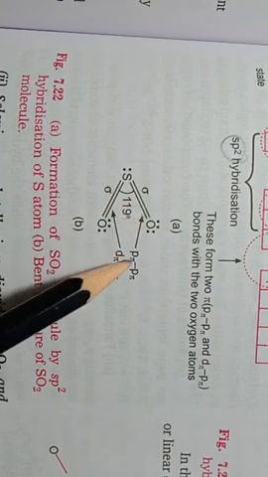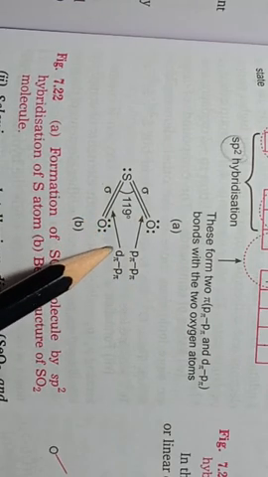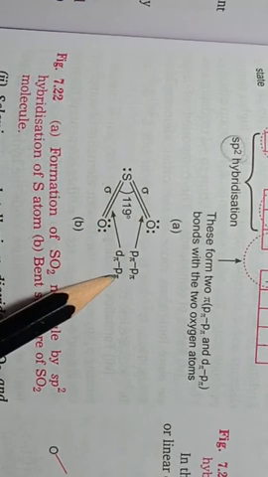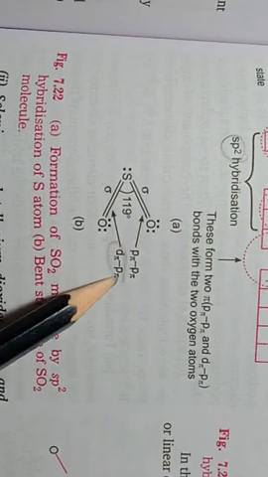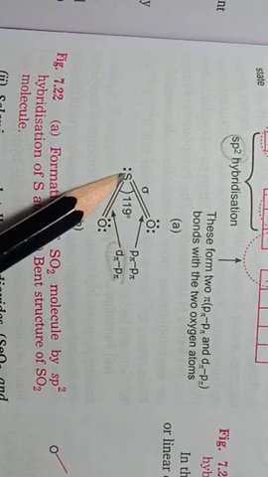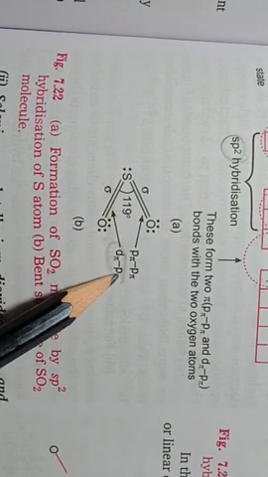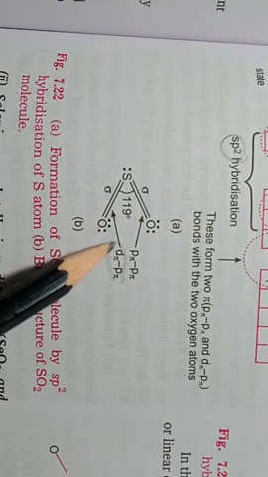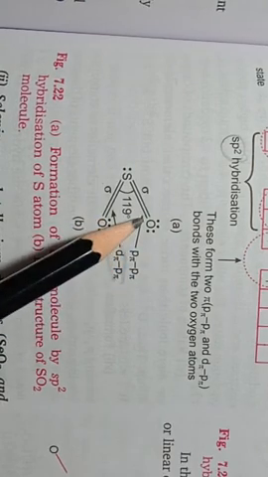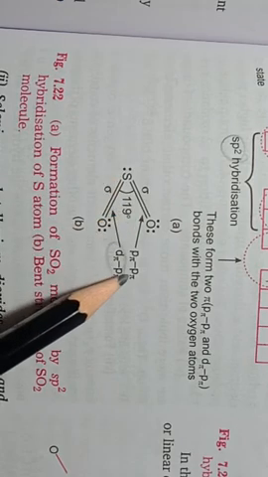One pi bond is p pi p pi, and the next pi bond is d pi p pi. In the d pi p pi bond, the unhybridized d orbital of sulfur and the p orbital of oxygen take part, and in the other bond the unhybridized p orbital of sulfur and the p orbital of oxygen take part.